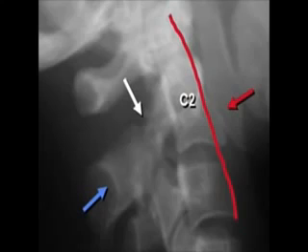If you look at the red line, it should smoothly connect all of the anterior bodies, but it doesn't. And if you look at the blue line, that should normally smoothly connect all of the spinolaminar white lines, but the spinolaminar white line of C2, indicated by the blue arrow, is clearly posterior to that blue line.